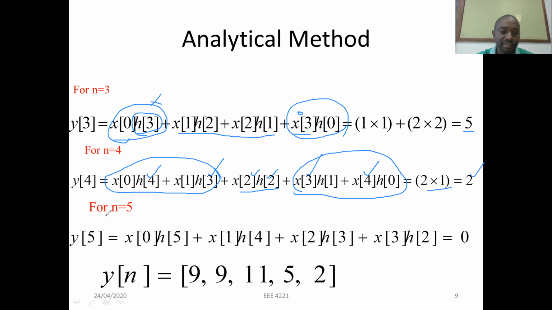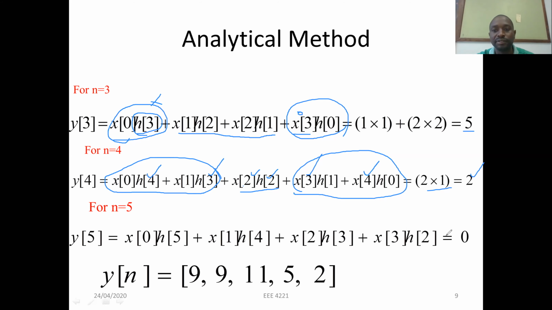The next one is, we just try to extend further by making n equals 5, just to see if there is any valid combination. So you have y of 5 here, you have x of 0, h of 5, plus x of 1, h of 4, plus x of 2, h of 3, plus x of 3, h of 2.